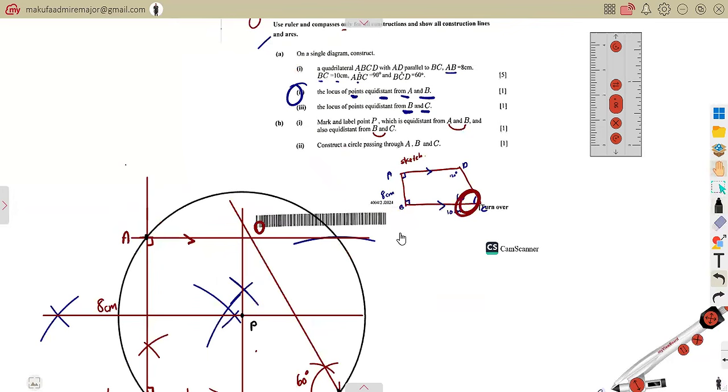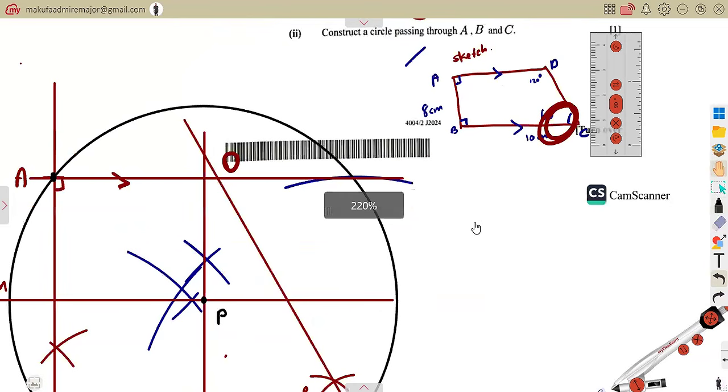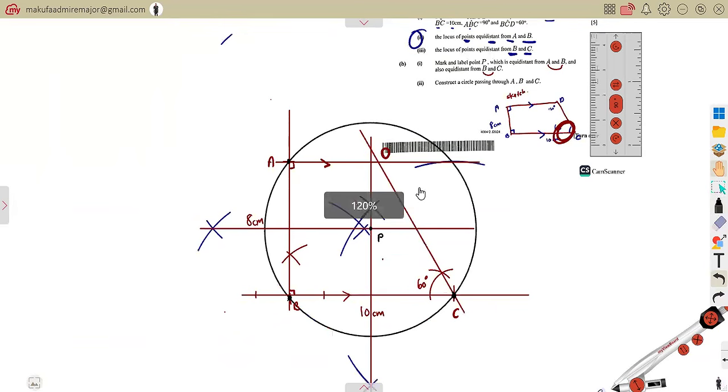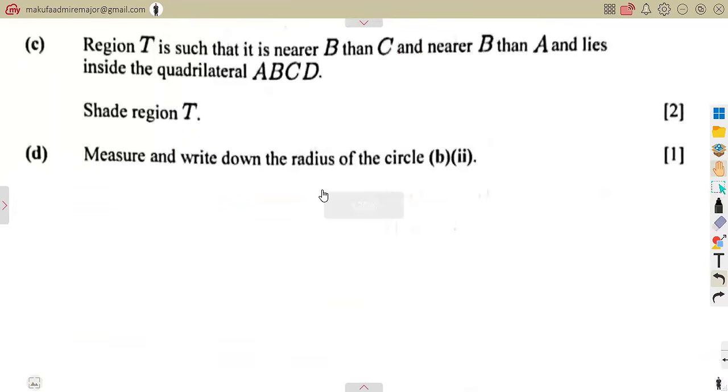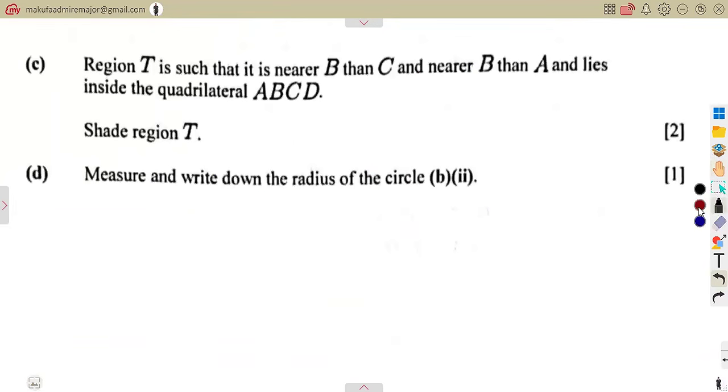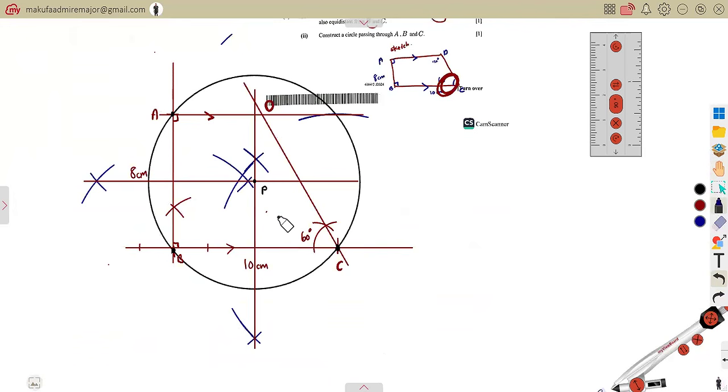And with this circle, that is it, guys. With the circle that we are having, the question now is that there's a region that you need to consider. Region T is such that it is nearer to B than C. So it is nearer B than C. We are talking about distance, and nearer B than C is controlled by the line bisector.